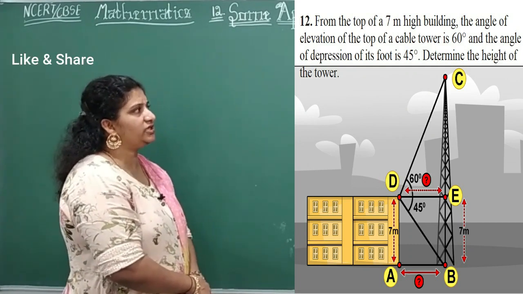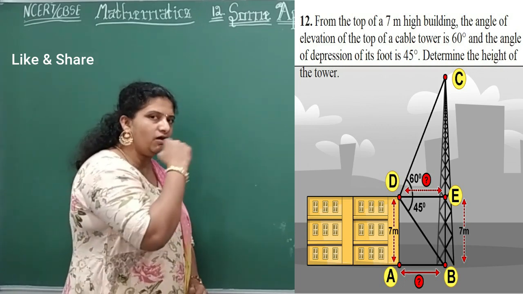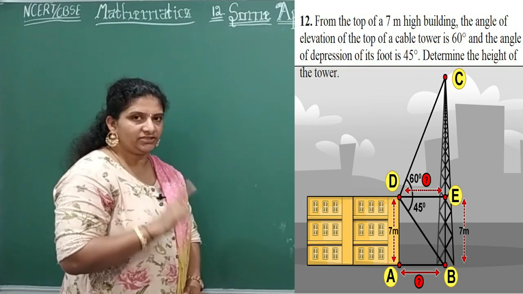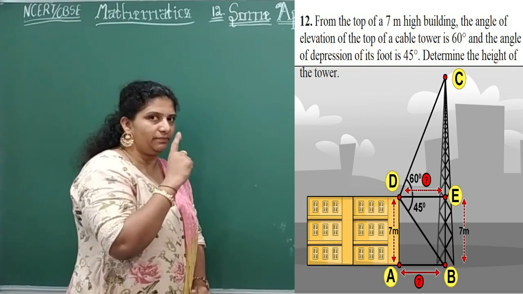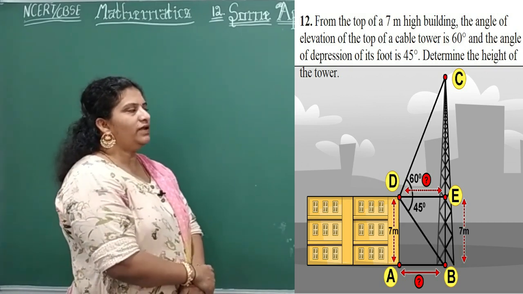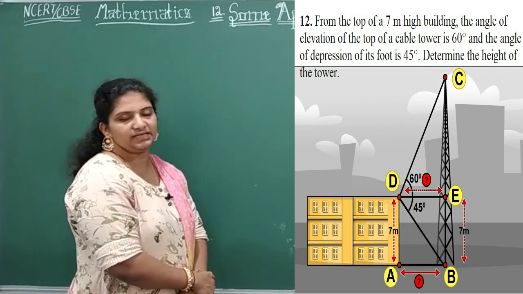What is your question here? The angle of elevation is always up. You remember, elevation means immediately look up, depression always means look down. The angle of elevation of the top of a cable tower is 60 degrees.